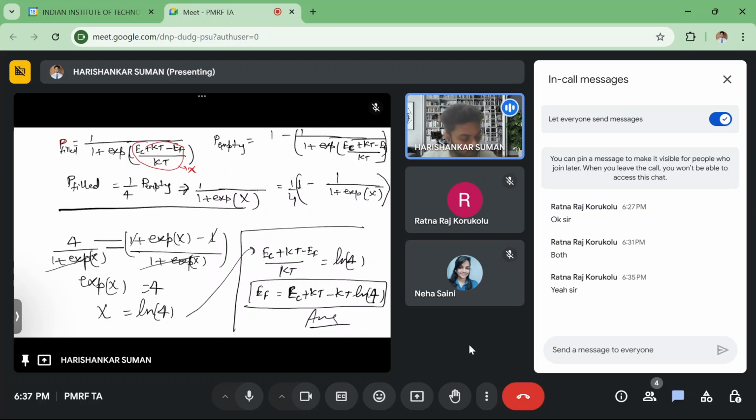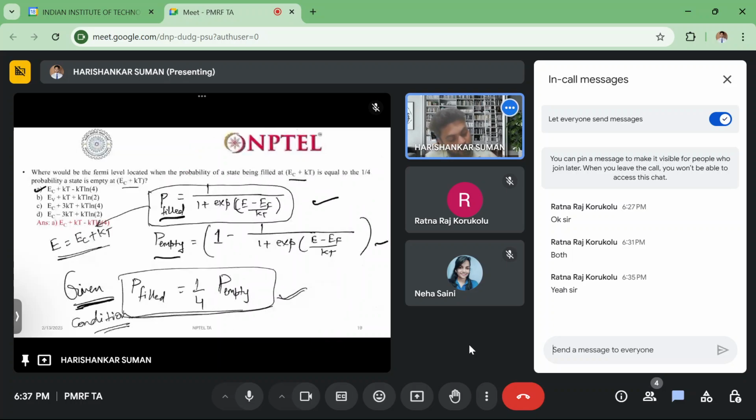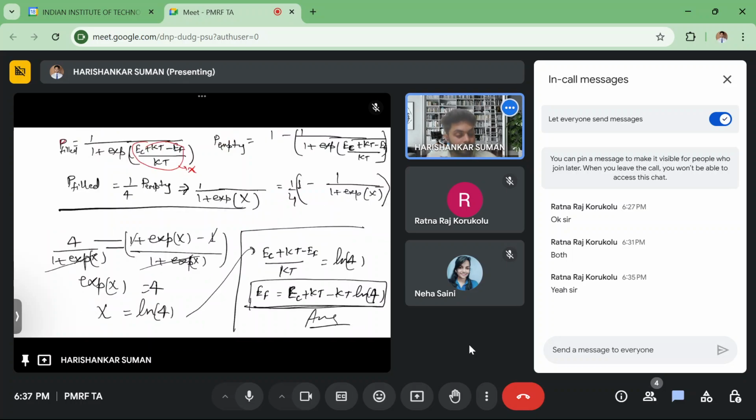If you solve, you will get the answer: Fermi level equals EC plus kT minus kT ln 4. When we apply this condition and we know the formula, this is simple, nothing complicated.